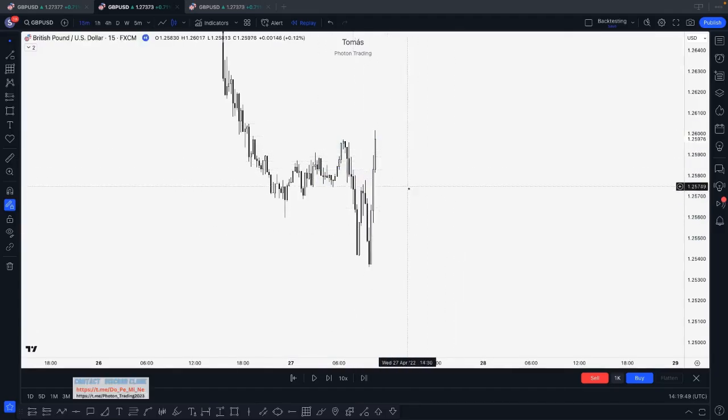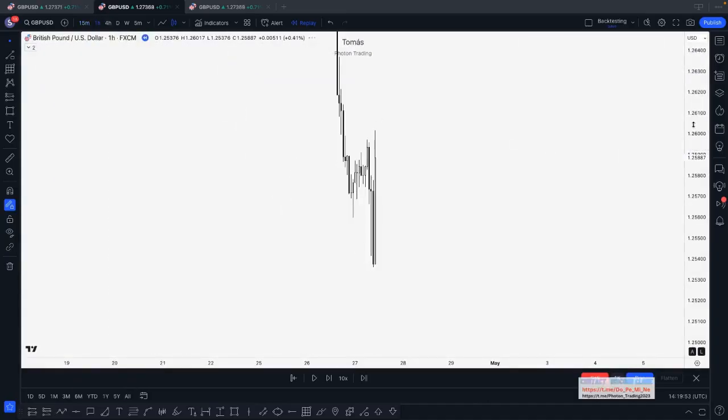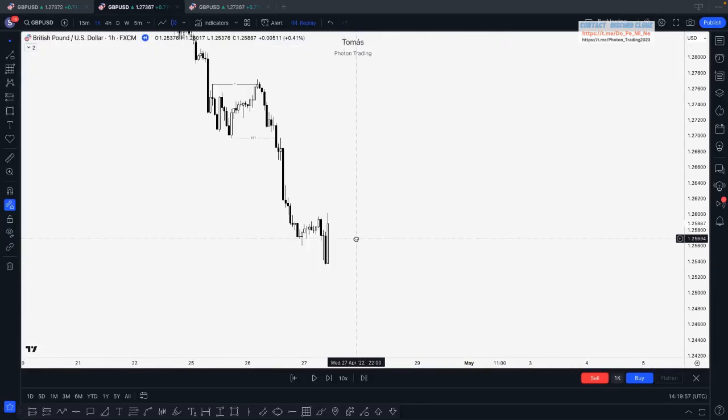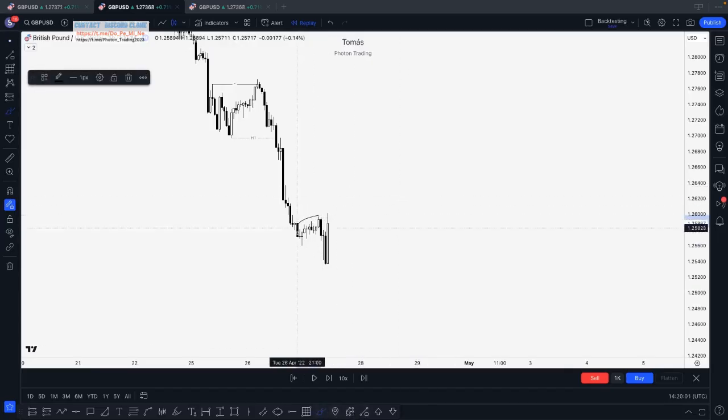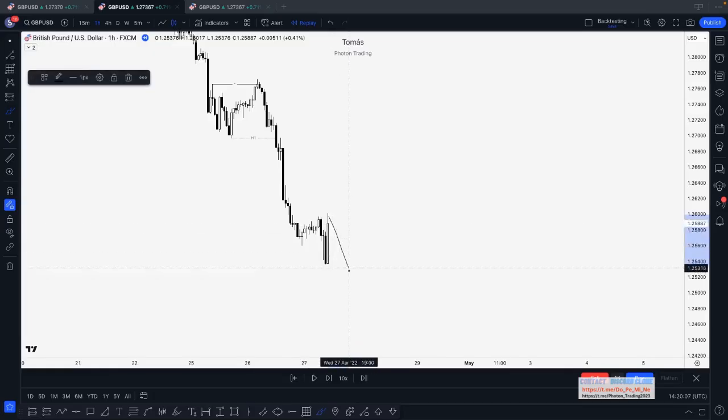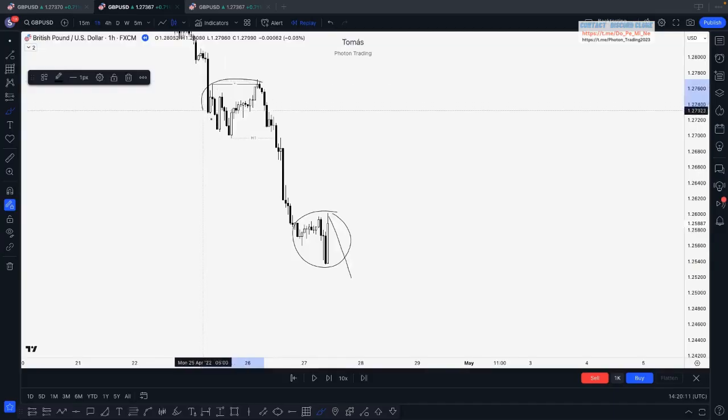I'm no longer trying to catch the high of the move. Now I zoom out, and two things can happen. This is very sideways price action during Asia, so price can sweep the high, move down, and then you have a much more developed range like this one.